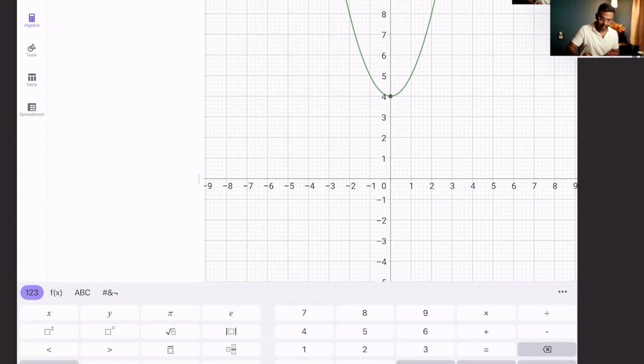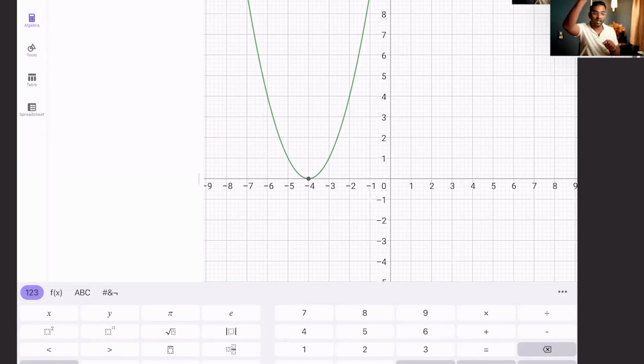Was it 4 or 8? That was 8, isn't it? x squared plus 8x plus 16. Do you see that curve is touching where? Only once. So how many solutions are there for this quadratic curve? Did you understand? It has only one solution, which means you only have one specific solution, not two solutions.